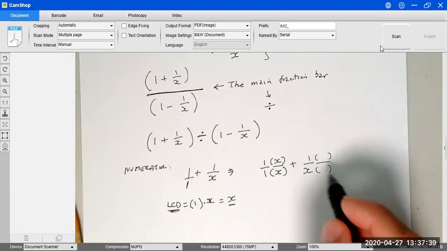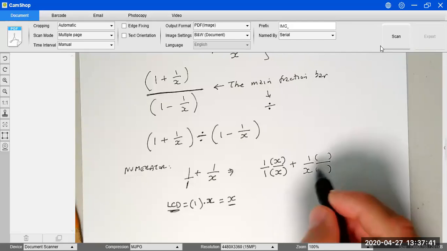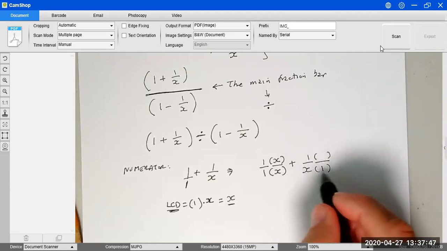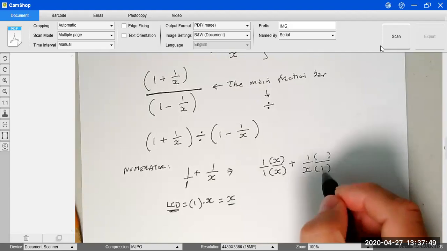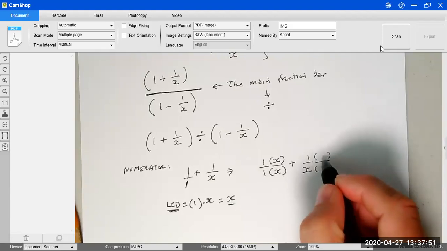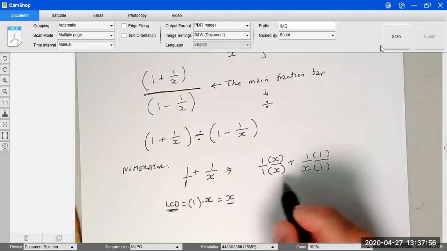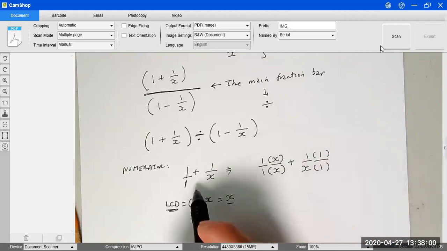Now in the second case, I need to multiply x by what to get x? The only possibility is 1, because x times 1 is going to give me x. If I multiply the denominator by 1, I need to multiply the numerator by 1. So now I have two fractions with the same denominator, something that I didn't have before.